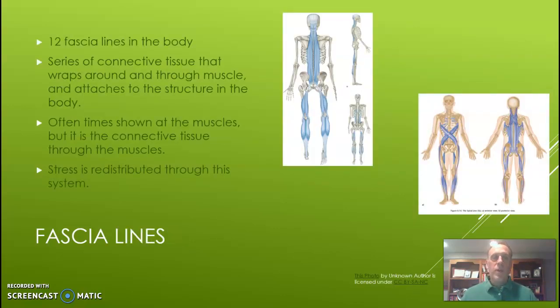So when you look at the fascia lines in the body, it's an interconnected series of muscles through fascia. And when you look at the human body, I've talked about the way the body processes stress that's placed upon it. Stress is applied to the human organism and it's offloaded to different parts of the human organism.